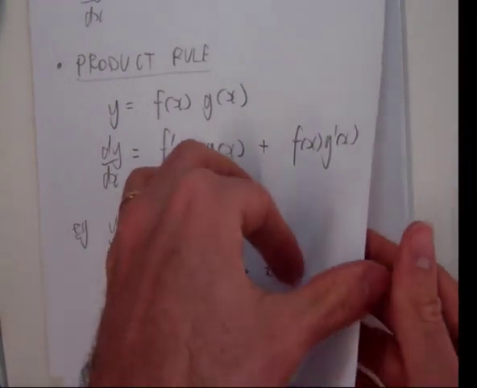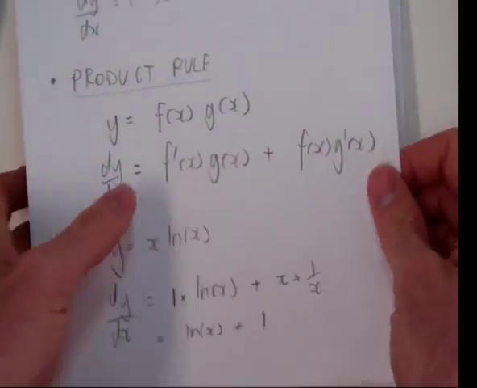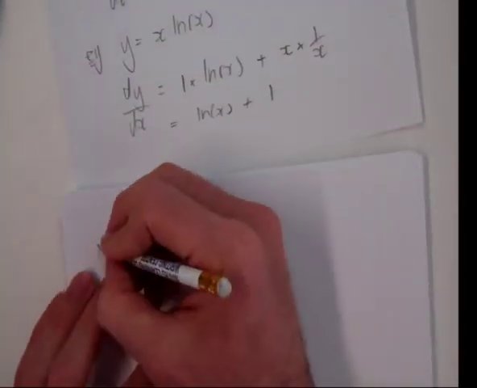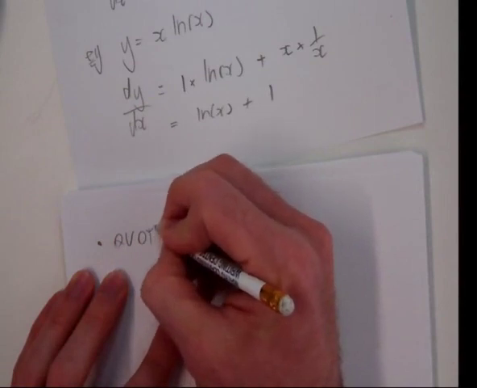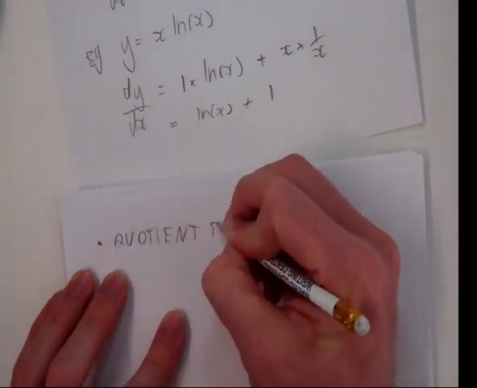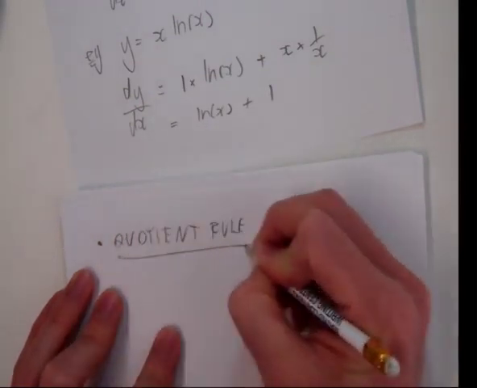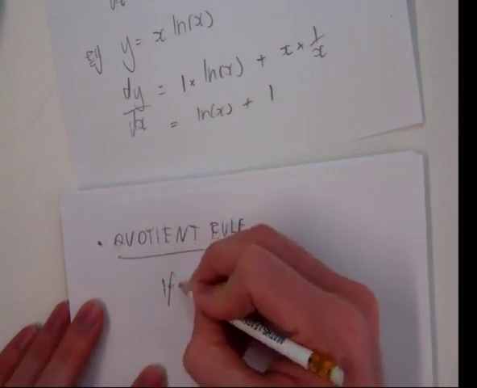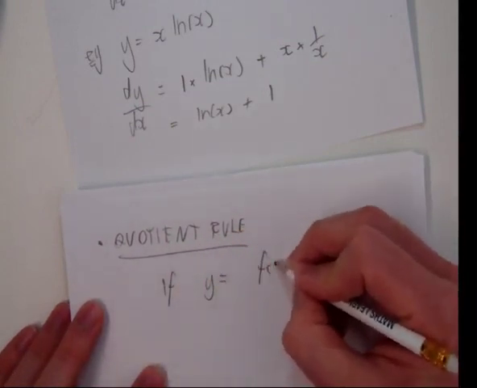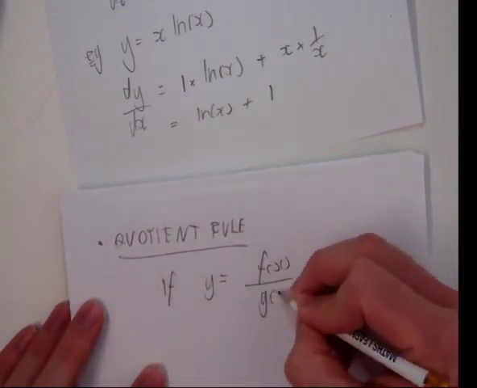The quotient rule is similar, but it's for fractions, because that's what quotient means. If y is equal to f of x divided by g of x.